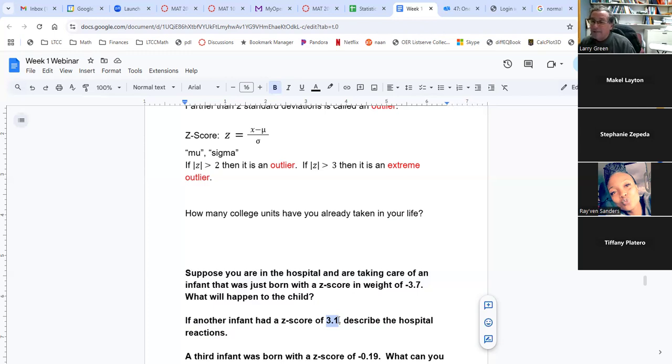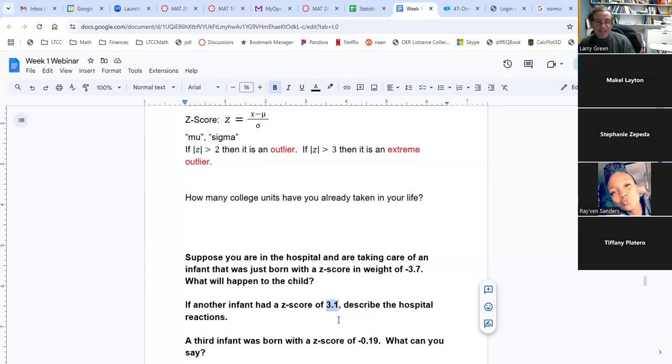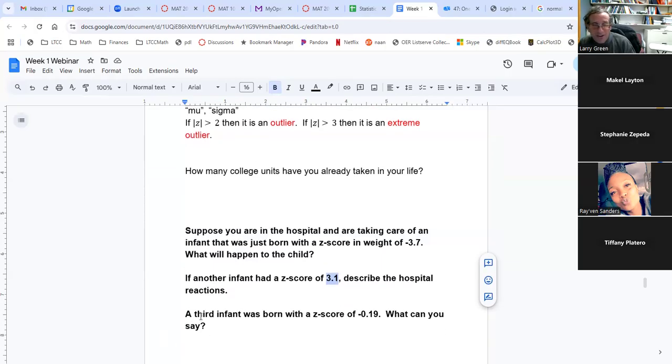Any questions on that? Okay, now let's go to the third infant. There's a third infant that was born with a Z-score of negative 0.19. Now what can you say about the third infant? Or the mother? Okay. So for the third infant, now it's negative 0.19.